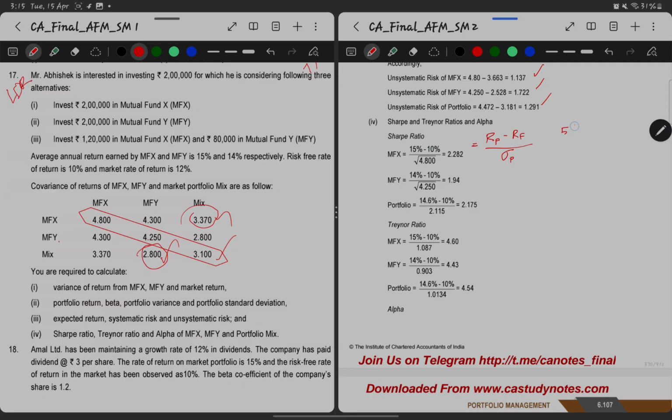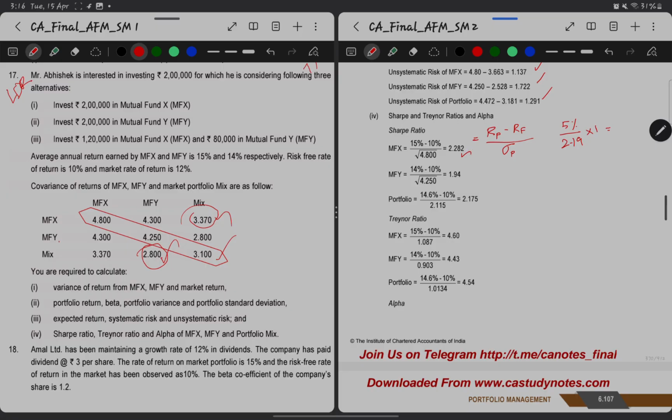So 5% is the excess return we earned for 2.19. For 1 rupee or 1 unit of risk, how much is the excess return earned? So it is 2.282 in case of MFX. So for every 1 unit of risk, we are earning an excess 2.28% of return in case of MFX, the first alternative.